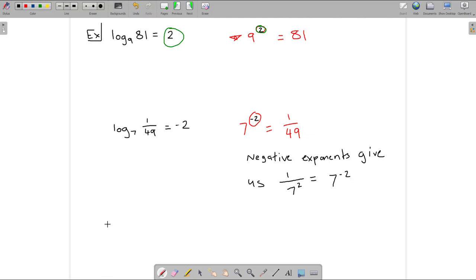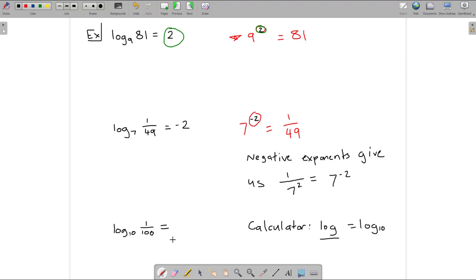Another thing that I want to point out when solving logarithm problems is if you have a problem that is log base 10, then this is solvable with your calculator. Your calculator should have a log button, and this log button is always log base 10, at least on almost every calculator that I've seen. So you can plug this one into your calculator and it should give you the right answer.